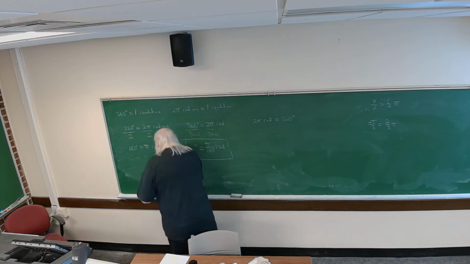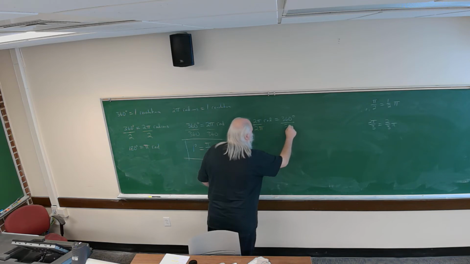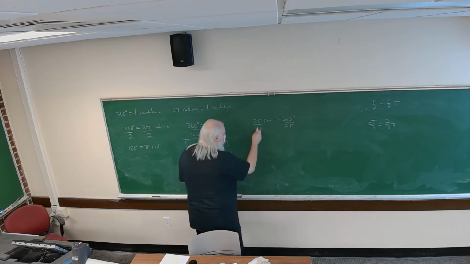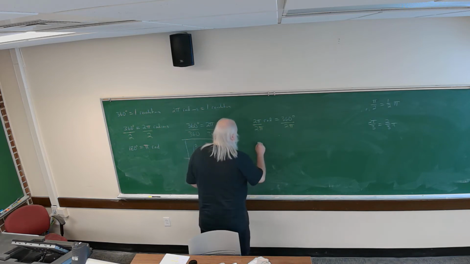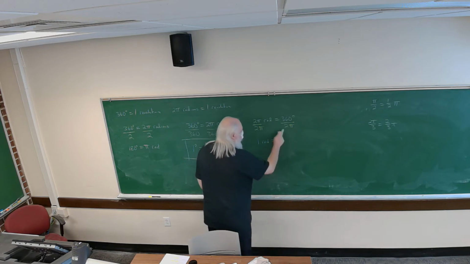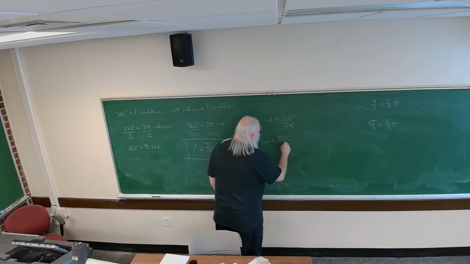And if we divide both sides by 2 pi, 2 pi over 2 pi is just equal to 1. And so we end up with 1 radian is equal to, 2 goes into 180 times, so we end up with 180 over pi degrees.